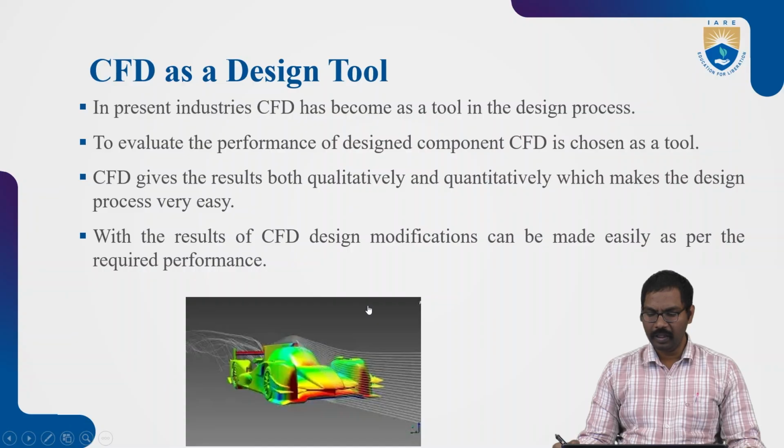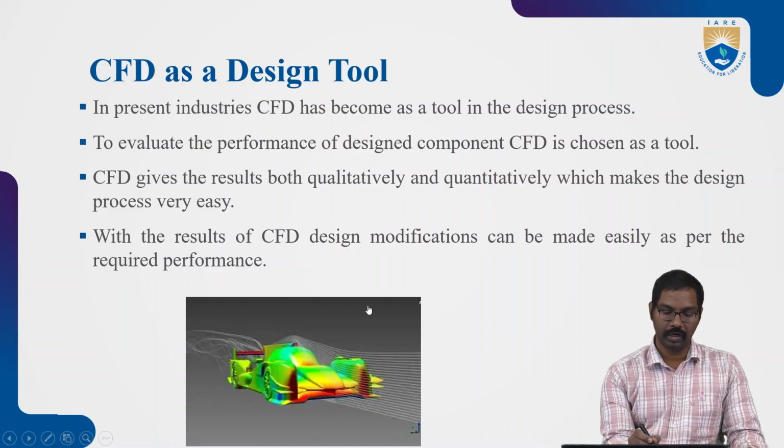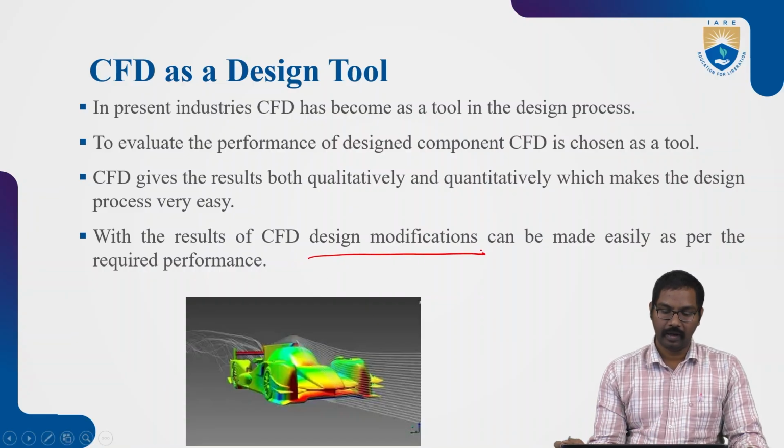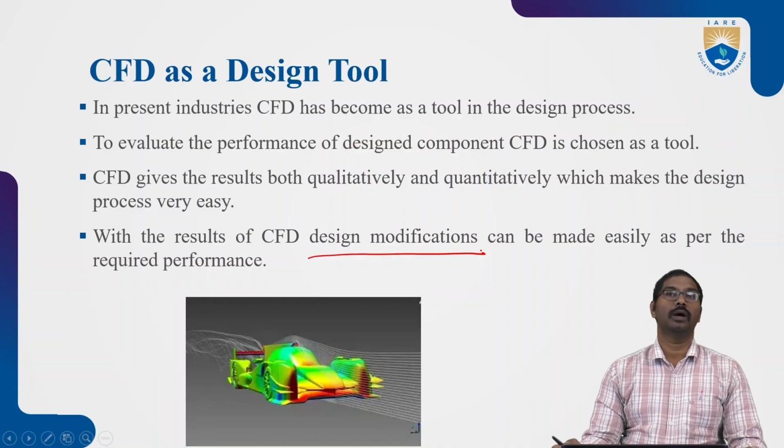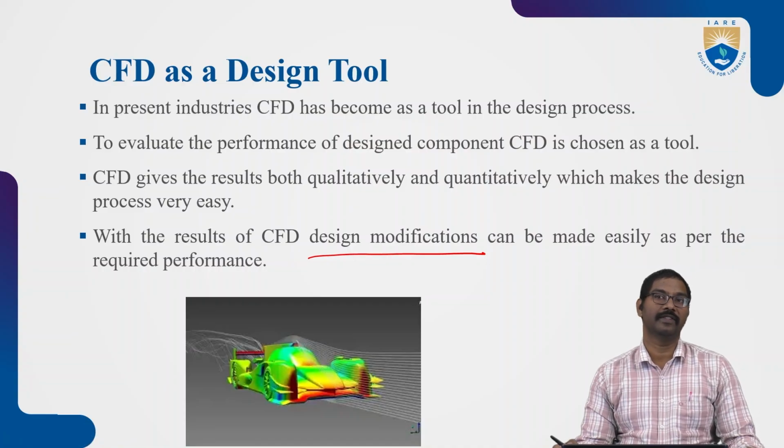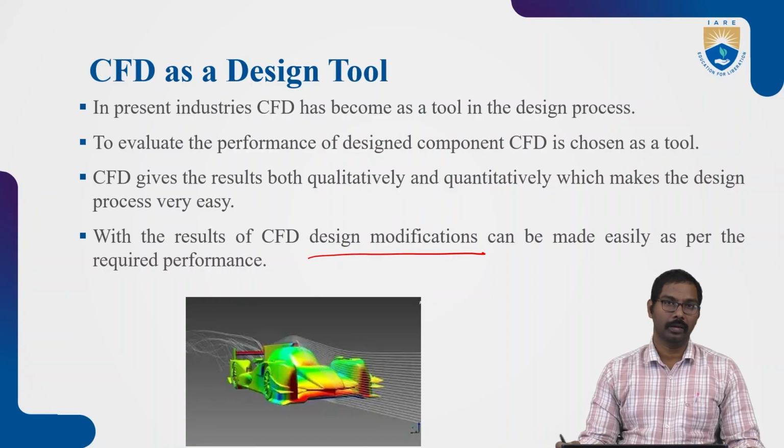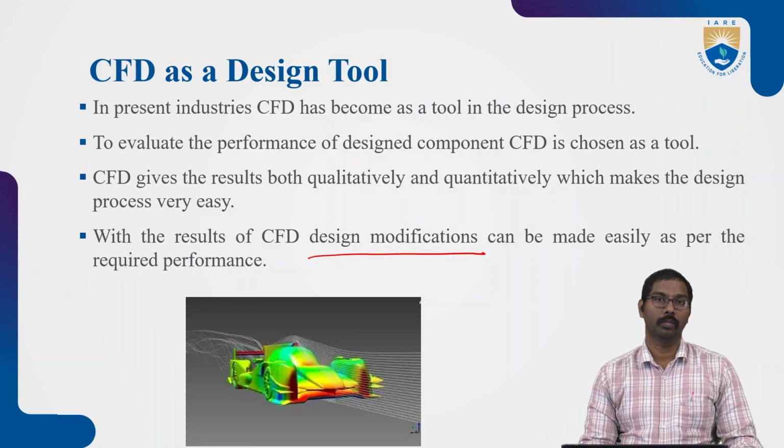If the final product has certain drawbacks in performance, then and there we can understand the factors which are affecting it, and we can make design modifications. We can change the design with respect to the output which we have attained in the CFD, and make the final output more efficient.